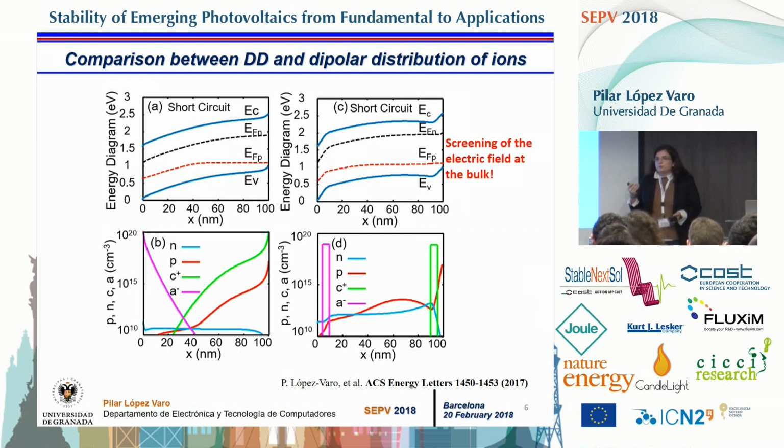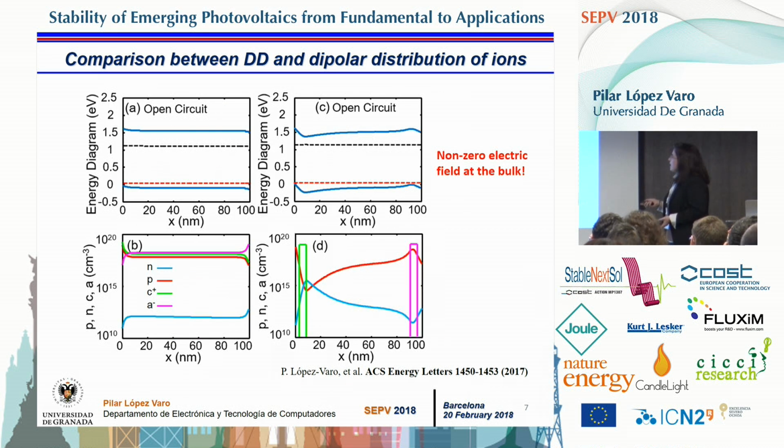As we can see in the literature, the hysteresis is explained by the slow movement of ions in the perovskite. With this picture or this approach, the explanation of this current voltage curve will be completely different.